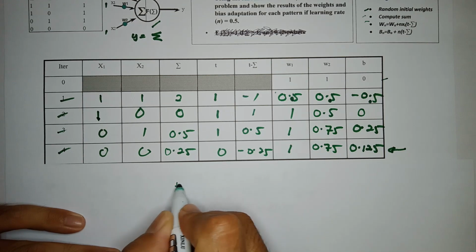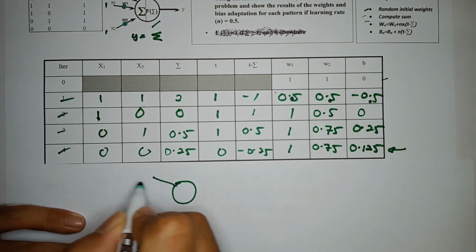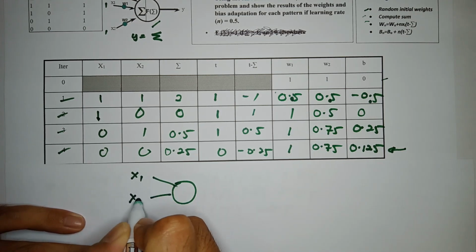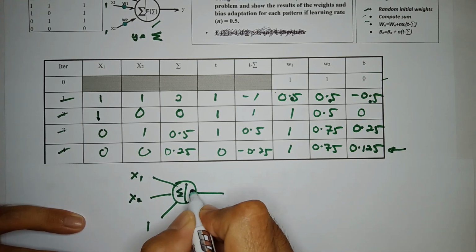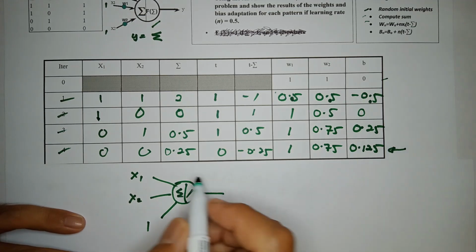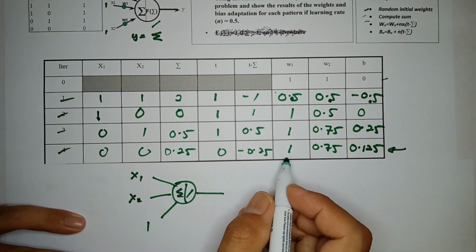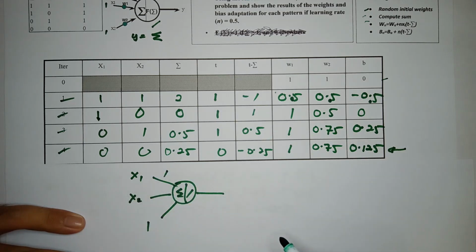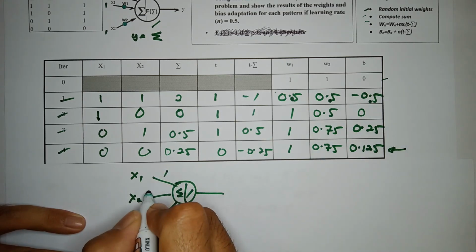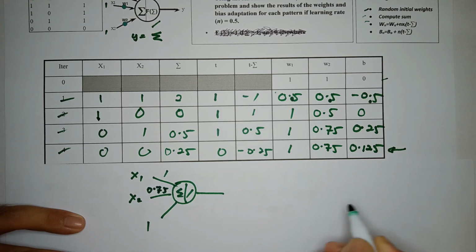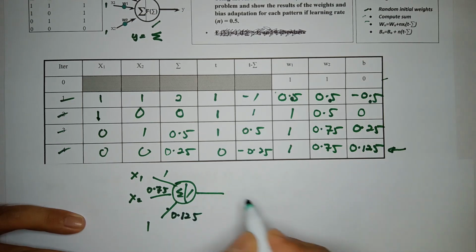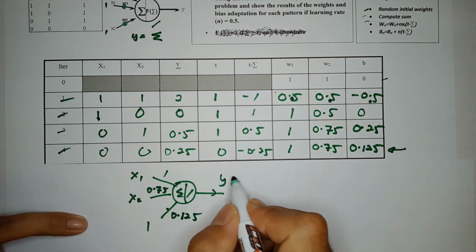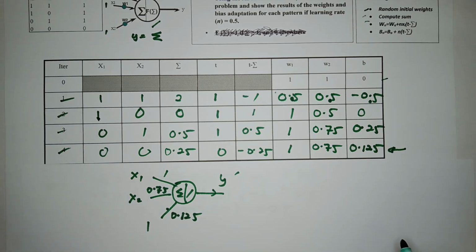So if I draw back the model here, this will be x1, x2, and then this will be our bias with some summation, and then this is some linear function. For this particular case, w1 will be equal to 1, and then w2 will be equal to 0.75, and then the bias will be equal to 0.125, with which we calculate the predicted output of y prime.